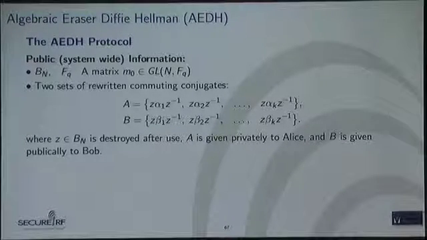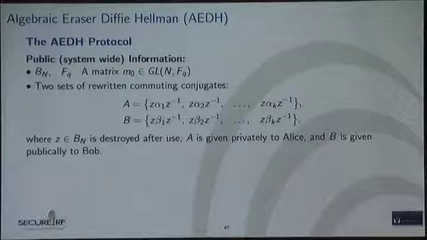So you have public system-wide information, which is your B_N and your F_q. We need a seed matrix, M0, which is just a matrix that you use. You then have two sets of commuting conjugates. So these conjugates are actually braids of specific forms. So you have the A side and the B side.